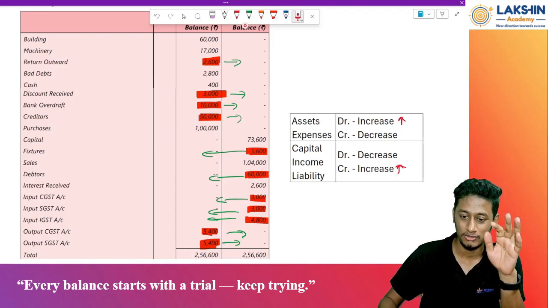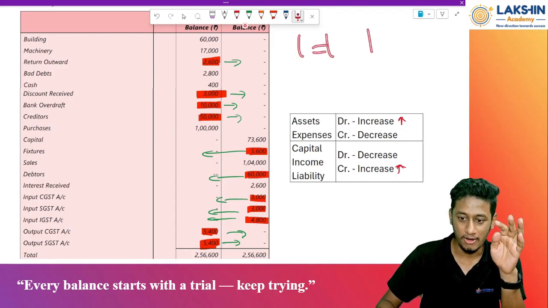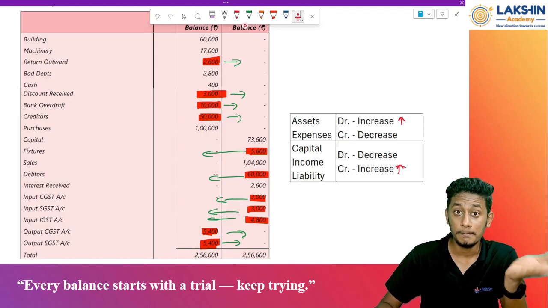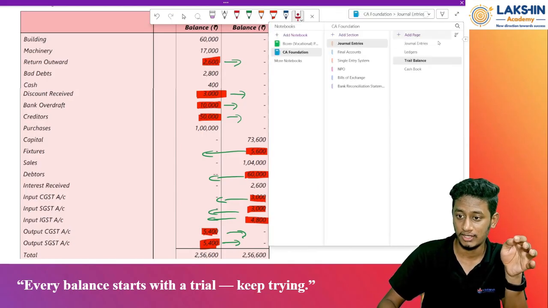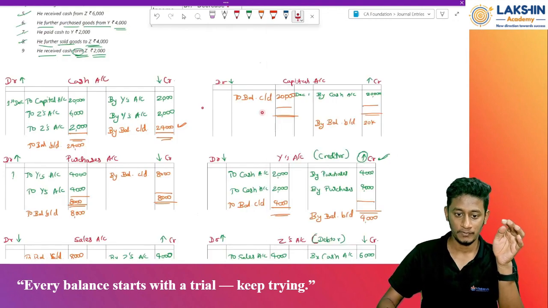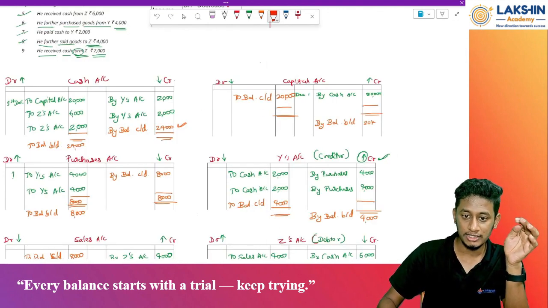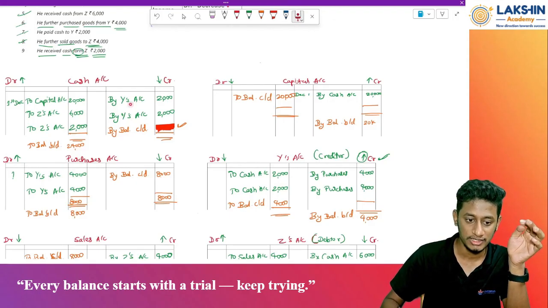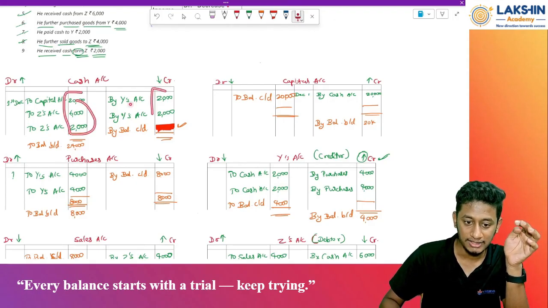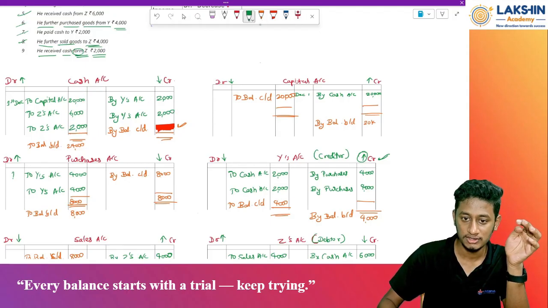So basically what they do is, the ledger account has some totals on the debit side and credit side. Before balancing it, they ignore the balance completely, and they total this and they total this. Now what are the totals?